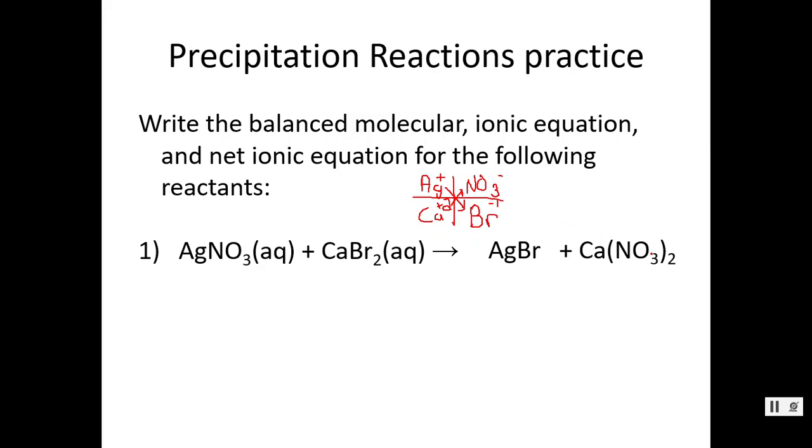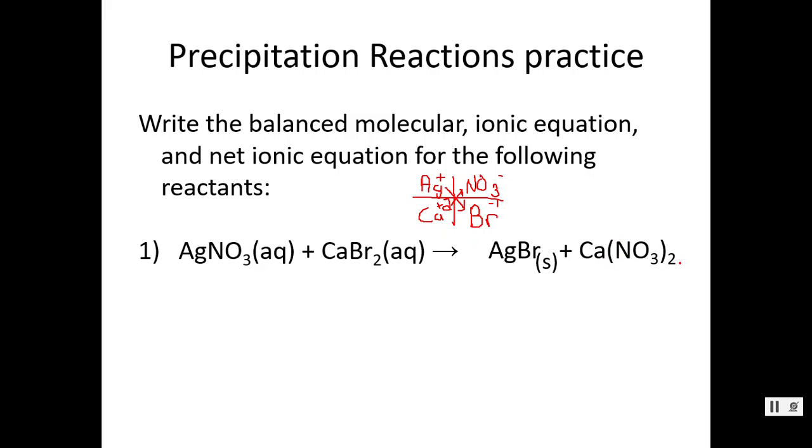And remember, always when you put ions together to form a neutral species, always, always, always subscripts. And since we have more than one polyatomic, we need to put parentheses around the polyatomic. So our second product is Ca(NO3) subscript 2. So those are the two products for this molecular equation, which is not yet balanced.